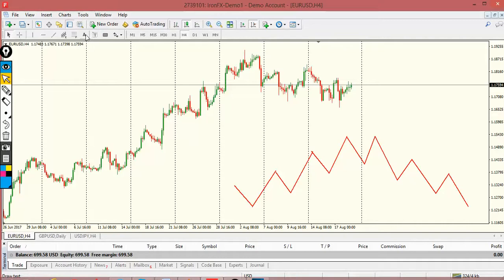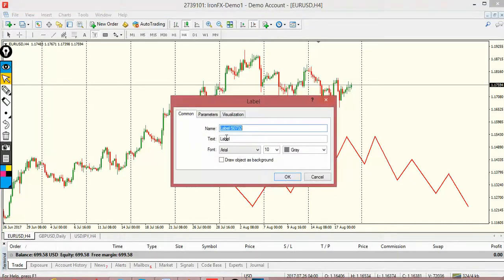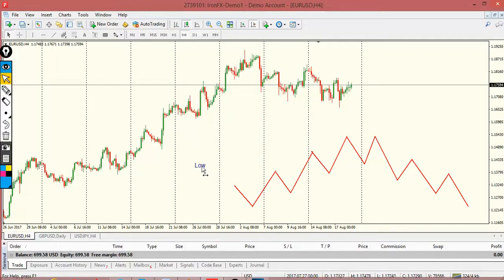So I'll label it, let me pick a text tool. We have a low here.